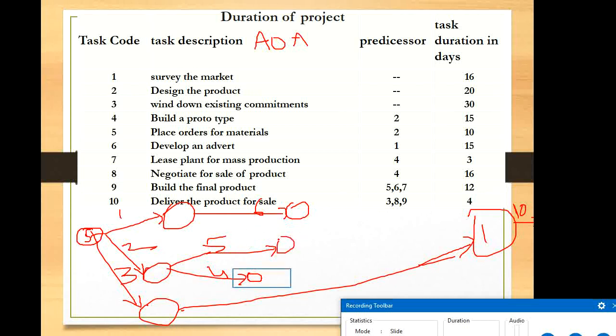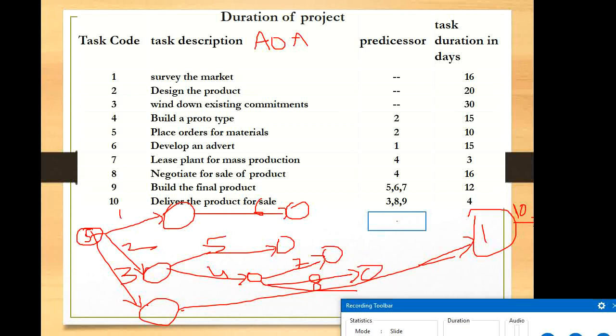So some of these will become dummies because of 5, 6, 7. So 4 is preceding for 7 and 8. Again 7 and 8. We can take like this, 7, 8 is this one, right?